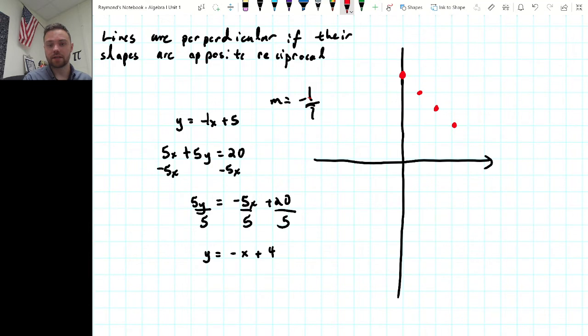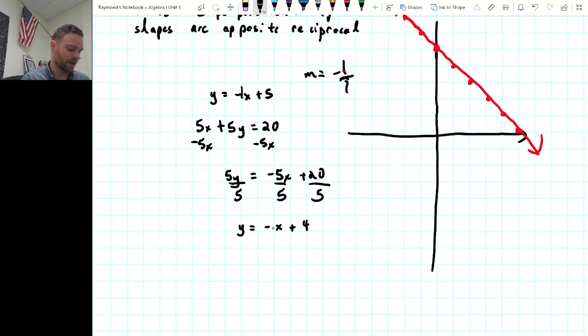This tells me to go right. So if that's the case, that is that first line, okay? So y-intercept, and then from the y-intercept, use the slope to give the direction of where to go.